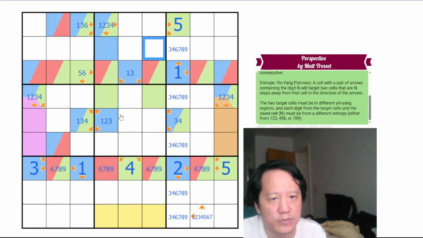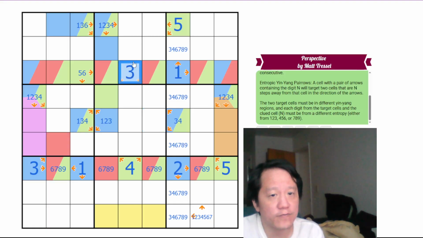This is blue there. This is green. 1 eliminates 1 here. So that's 3. 3 away then. This is blue, which means this can't be blue. This is red, which makes this not red, that's blue. Therefore, this must be medium here.